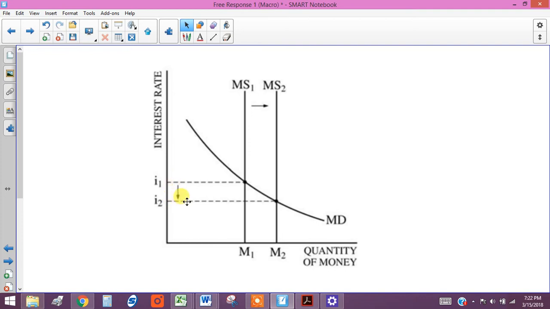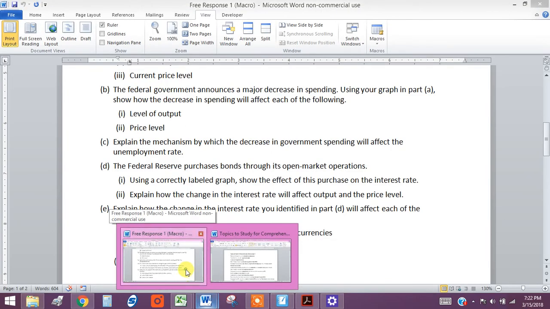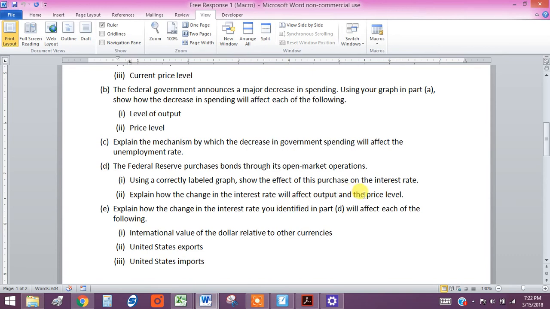Now, what effect will this have on overall output and price level?